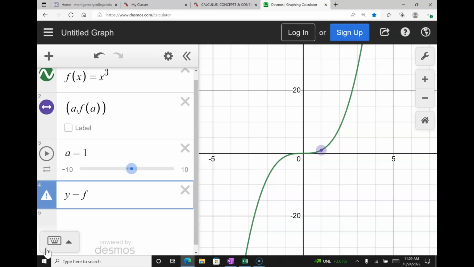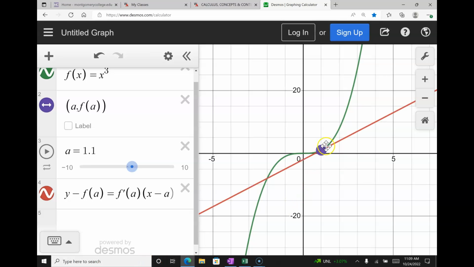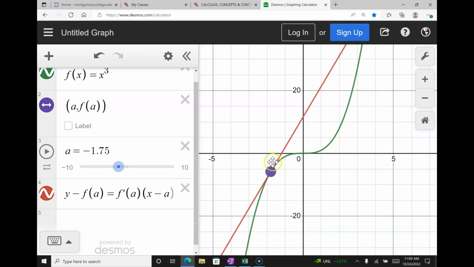Yeah, f of a, or y1, right? And then the slope is f prime of a times the quantity x minus a. So now I've got my tangent line attached, and I can see my tangent at any point.